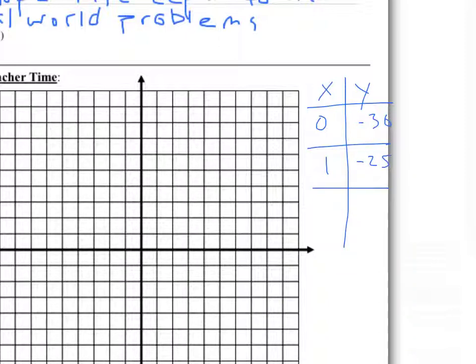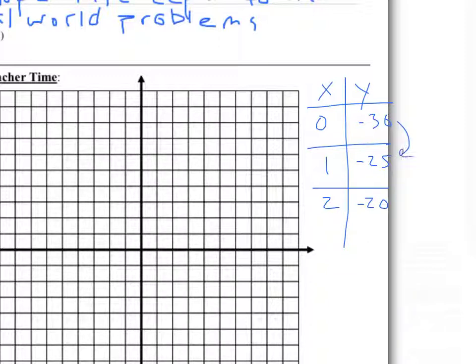If he works another hour, he's going to get another $5, which means his net worth is going to be negative 20. Now, we could think about this, and I'm completely ignoring the word problem right now, because I can write this equation with simply this T-chart.